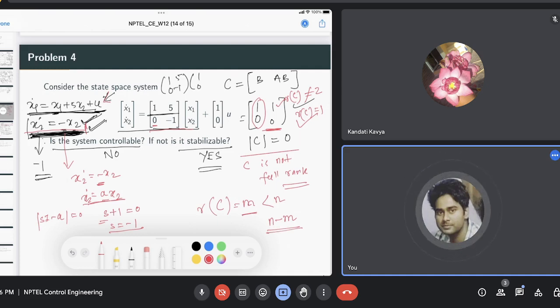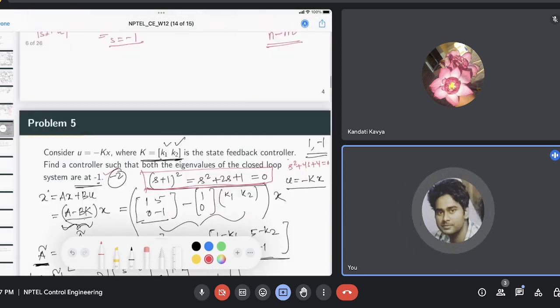You can place m poles at the desired locations, those controlled by the control variable. The other n minus m modes cannot be changed. For example, the x2 dynamics is fixed because the x2 mode is not controllable.